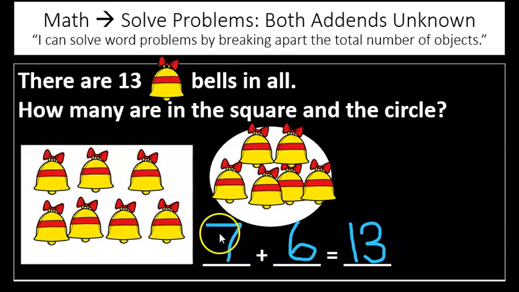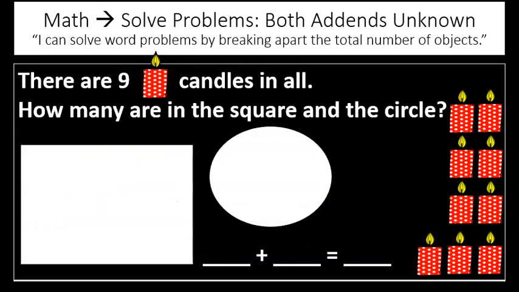And that is true. 7 plus 6 equals 13, okay? Let's read it again. 7 plus 6 equals 13. Now your turn to read it. Ready? Go. Good job. Now let's come to another example, okay?